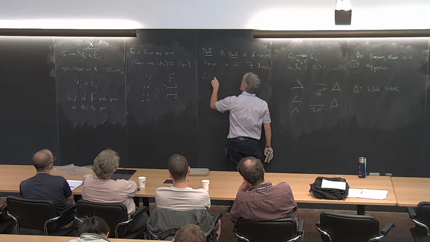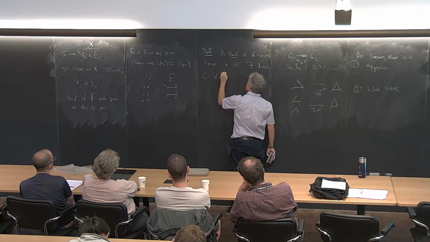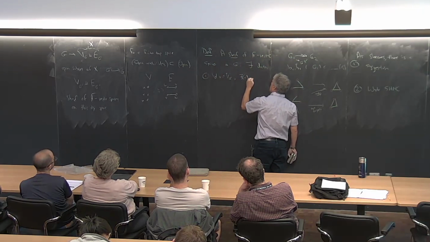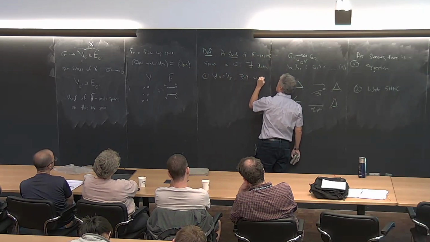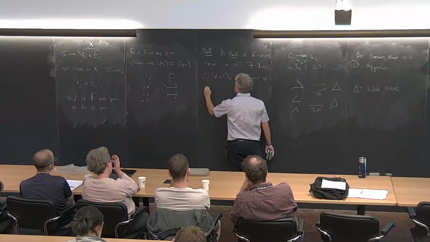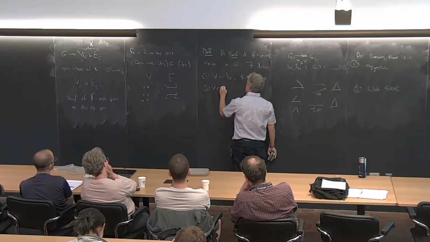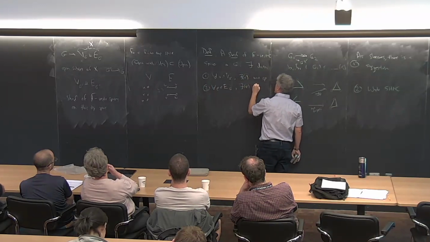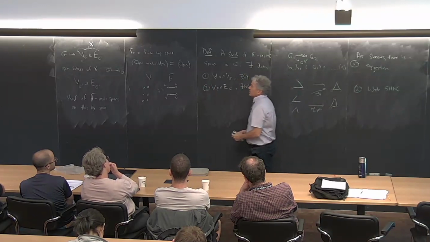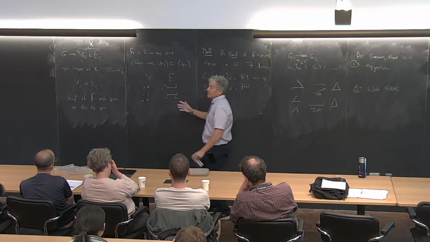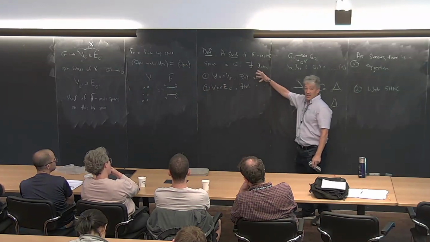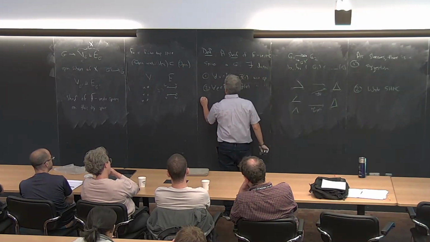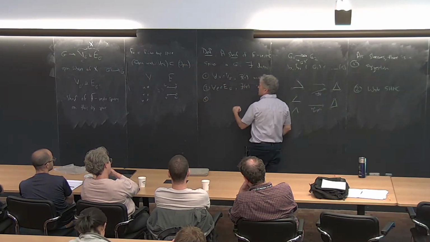So for each vertex, there is a vector space, F_V. For each edge, you have a vector space. The way I've defined it here, it means that there's connecting maps from the spaces on the edges to those on the vertices, and because of the way I did it here, the maps go from the edges to the vertices.